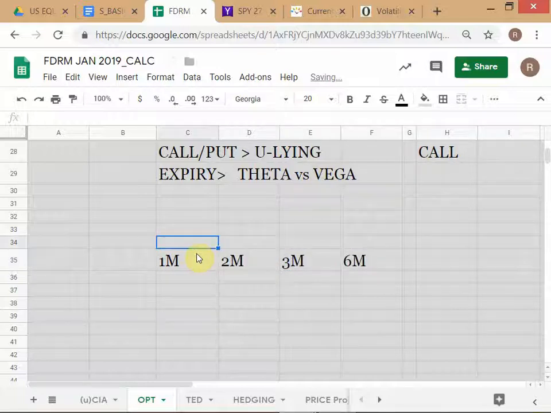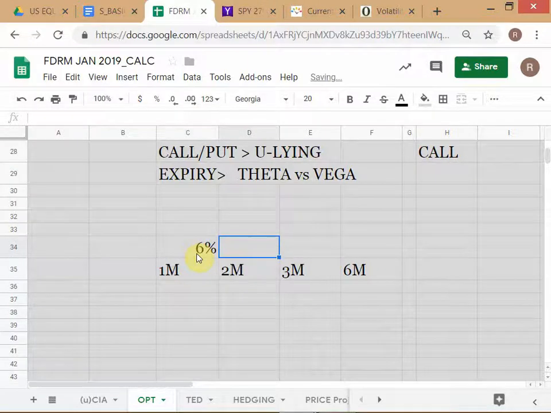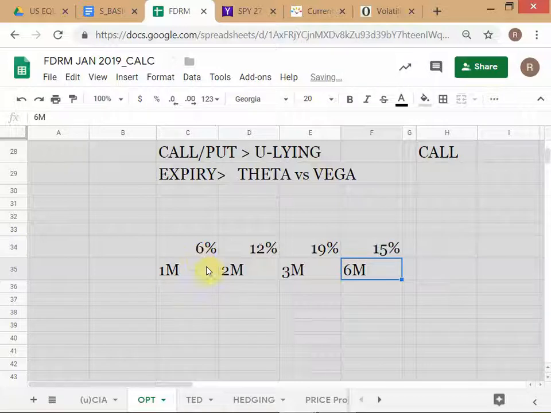This is already there in your earlier module notes, in the forms functions notes. Suppose I plot this as 6%, then 12%, 19%, and let's say 50. Let's make it a little complicated term structure. Now this is my plot.